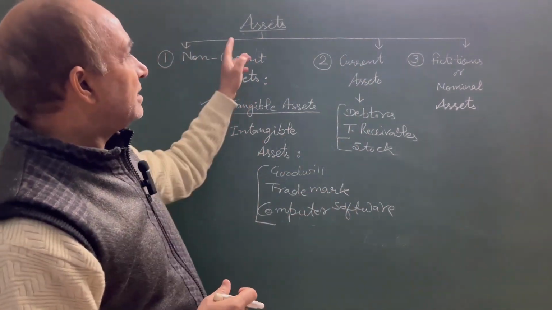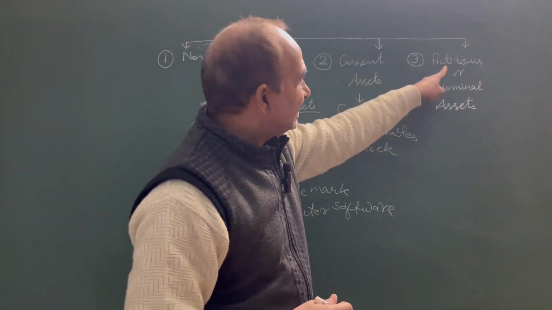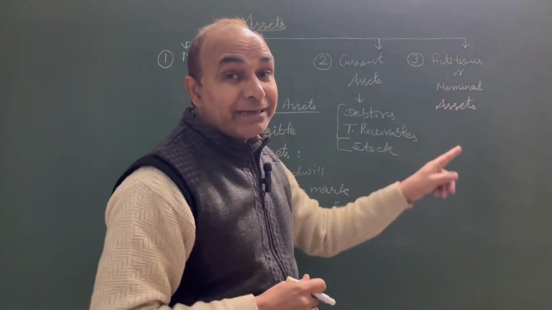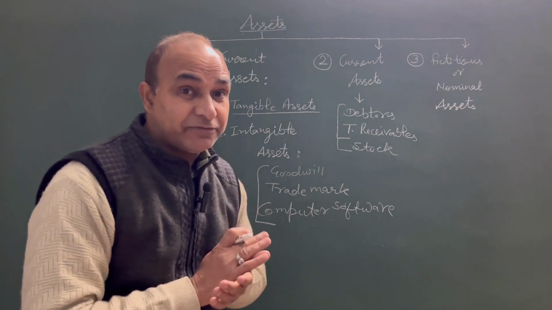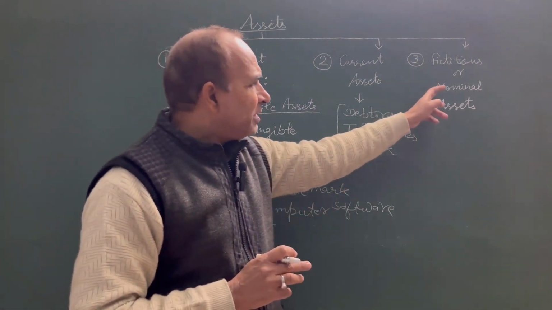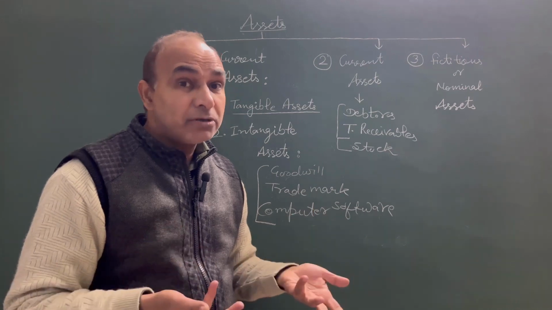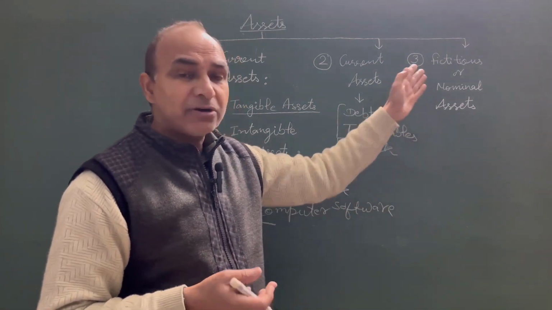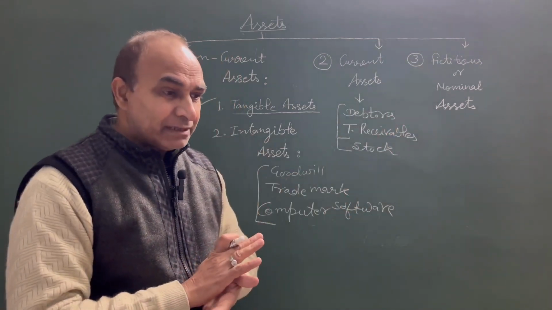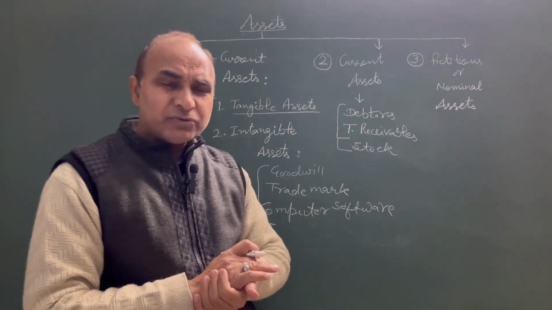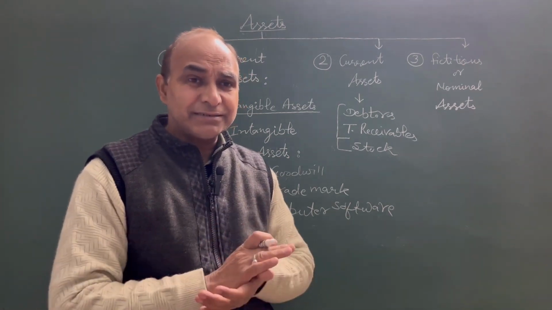Now coming to the third type of assets, that is fictitious or nominal assets. Listen carefully, students. Nominal means which has no existence. So fictitious or nominal assets means the assets which do not have any physical existence.